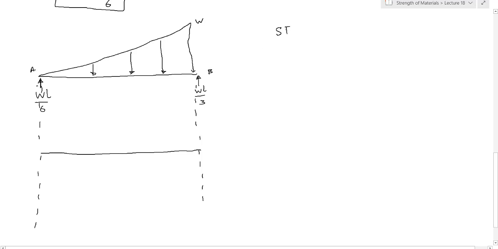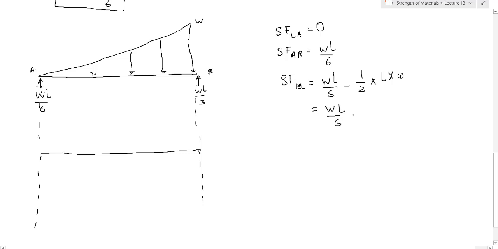So shear force to the left of A will be 0. Shear force to the right of A will be plus WL by 6. Shear force to the left of B will be WL by 6 minus half into base into height, because this entire triangle has to be considered just to the left of B. So that is WL by 6 minus WL by 2.